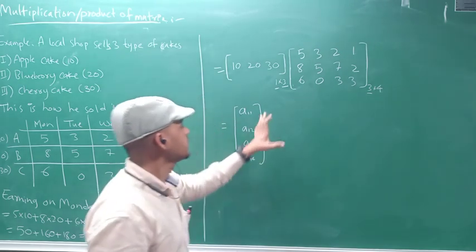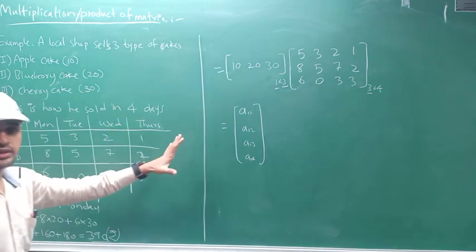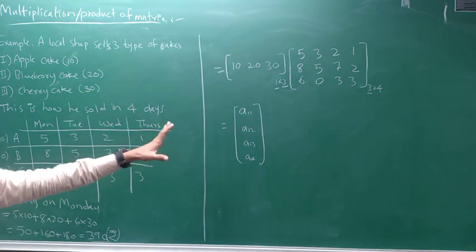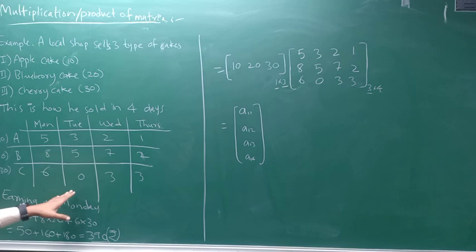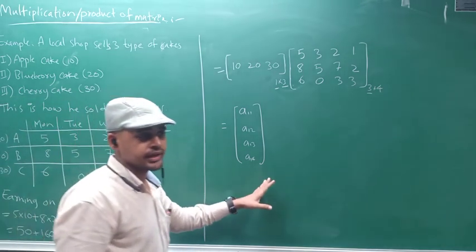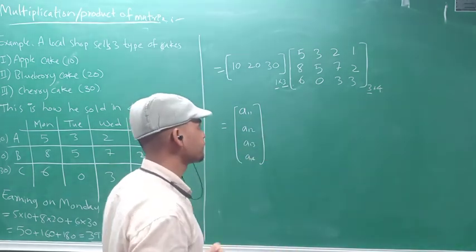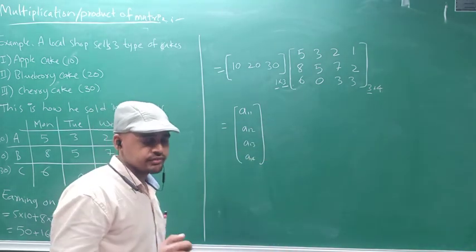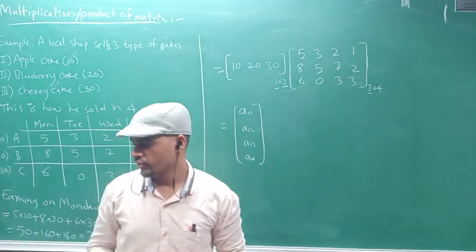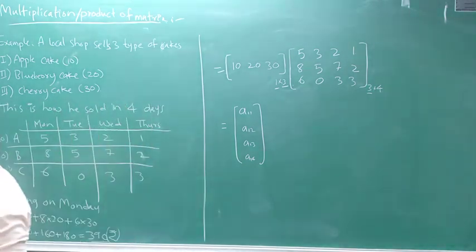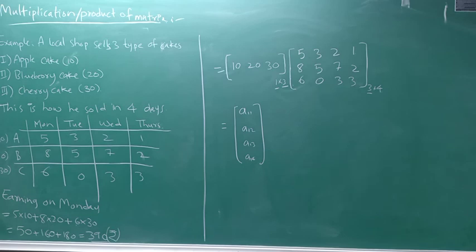So the matrix method is very easy and not complicated compared to doing this the long way. That's why we multiply the matrices in this way. I believe you will get what I am trying to tell you.